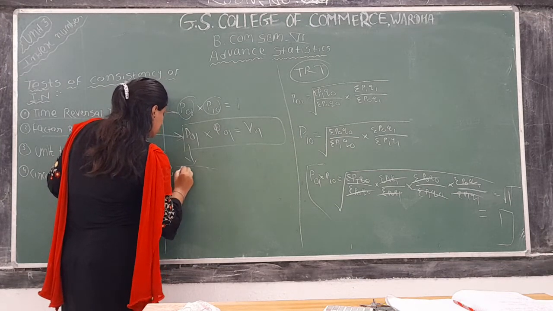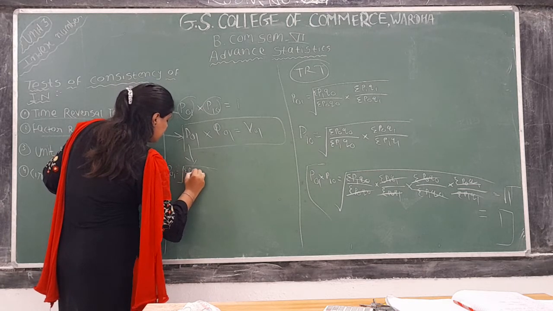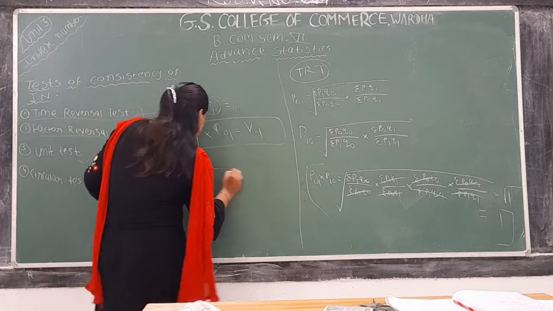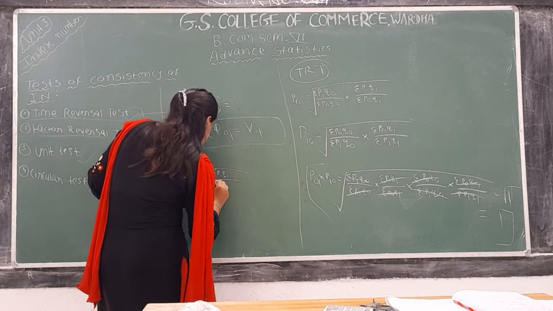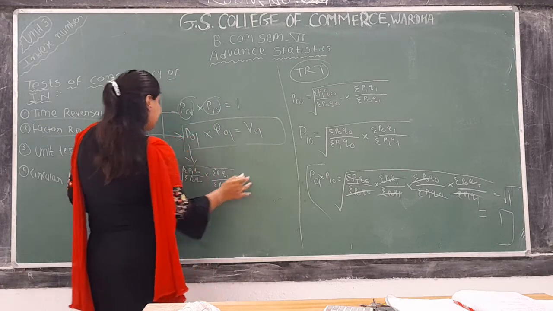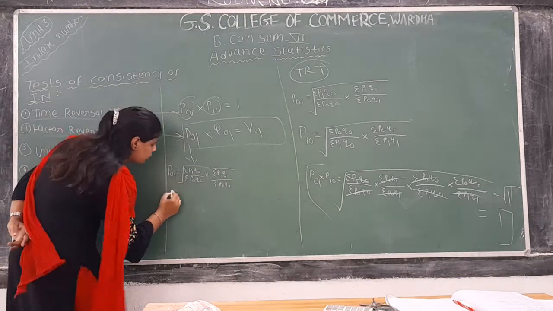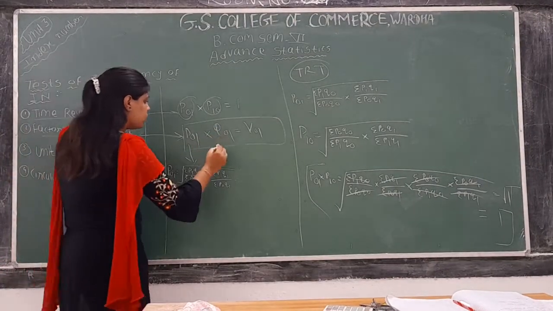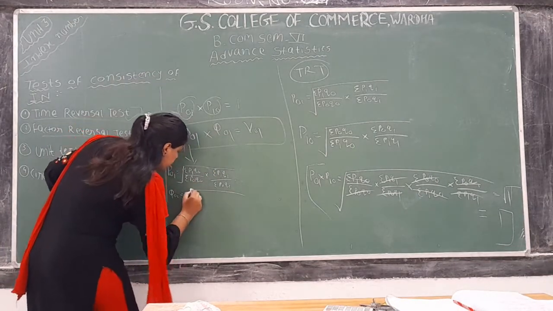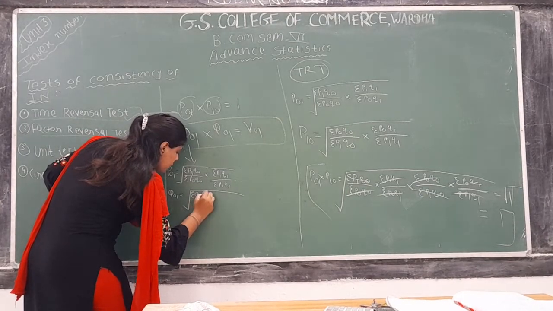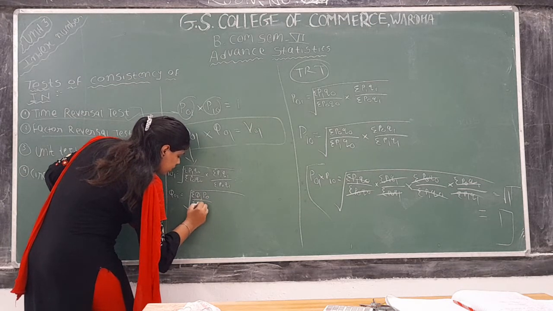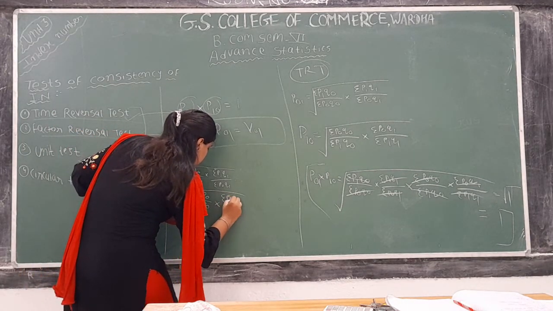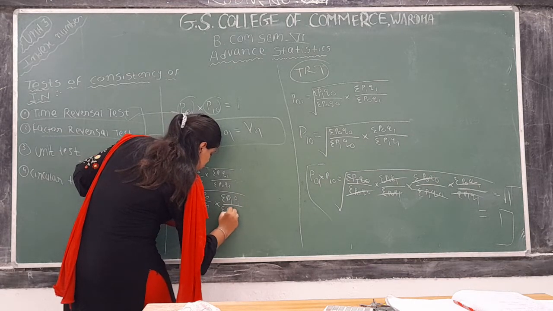P01 is equal to the square root of summation P1 Q0 upon summation P0 Q0 into summation P1 Q1 upon summation P0 Q1. And Q01 would be equal to the square root of summation Q1 P0 upon summation Q0 P0 into summation Q1 P1 upon summation Q0 P1.